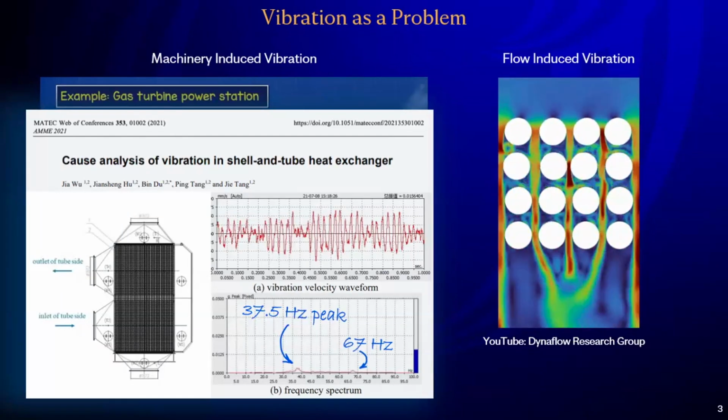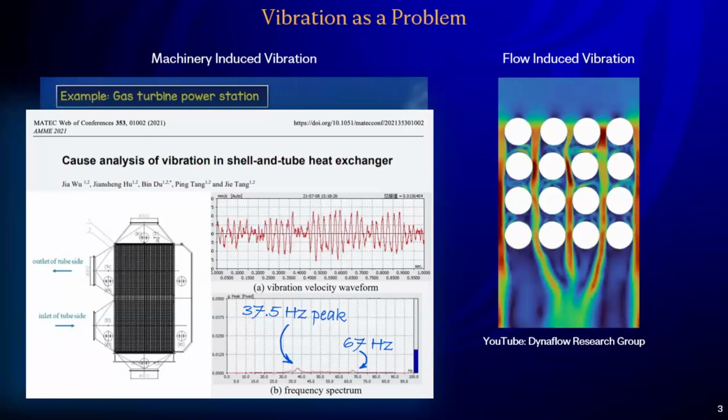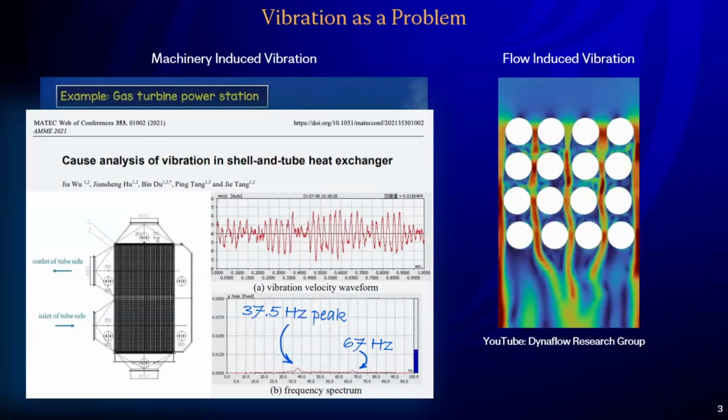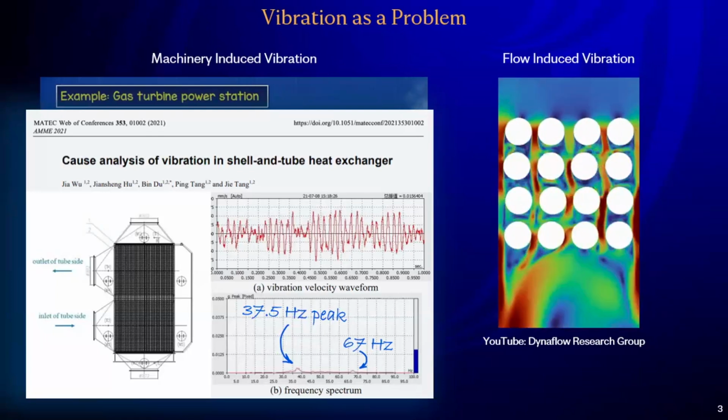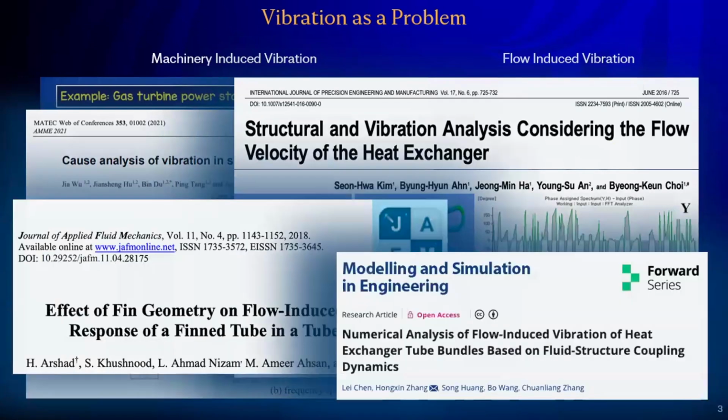Sometimes we can't even feel it, but we can measure it. There is a lot of modeling and experimental investigation showing that it's actually a thing, and you can even see a pipe break down when you push it hard enough. So many papers try to treat vibration as the problem that we need to solve.